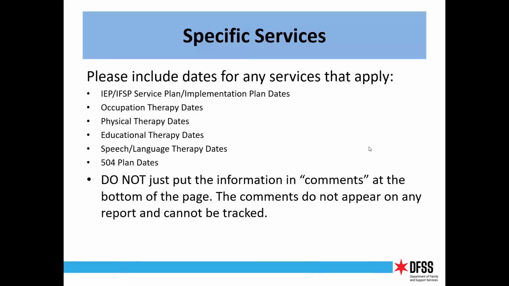So all of those kids should count there, which means that if you have moved a child up from early Head Start to Head Start and they have an IEP, the new date should be included. And again, they should still show up on the early Head Start PIR if that's the case, as long as you have IFSP dates entered and their previous disability status field is entered as IFSP.